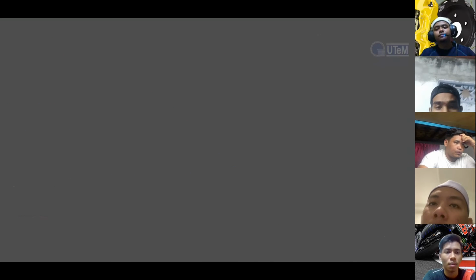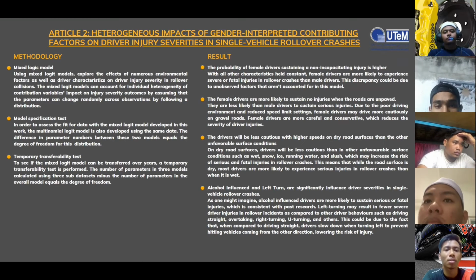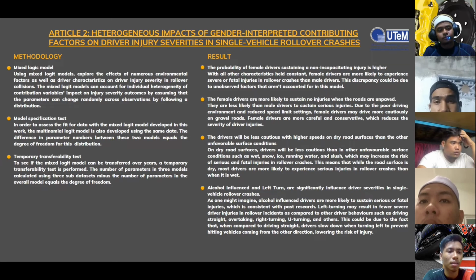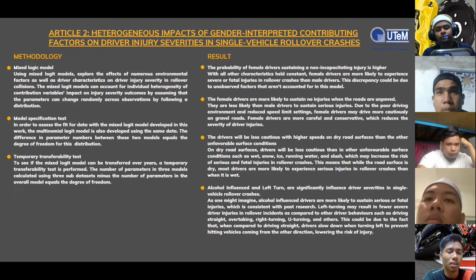Okay, next, Article 2, Heterogeneous Impacts of Gender Interacted Contributing Factors on Driver Injury Severities in Single Vehicle Rollover Crash. For the methodology, first, mixed logit model. Each logit model explores the effect of numerous environmental factors as well as driver characteristics on driver injury severity in rollover collisions.